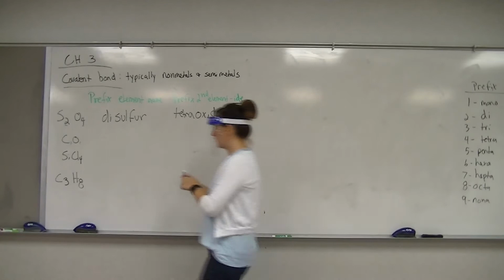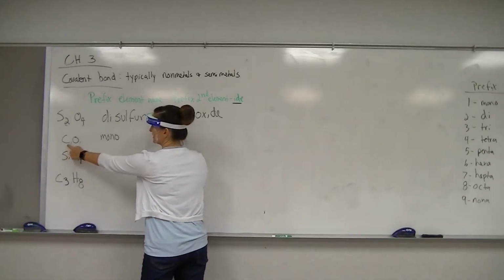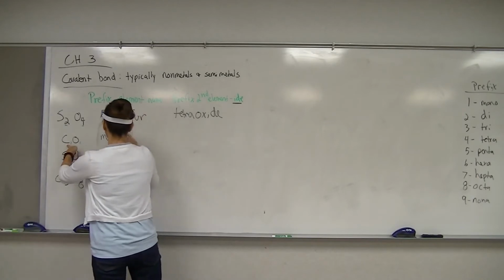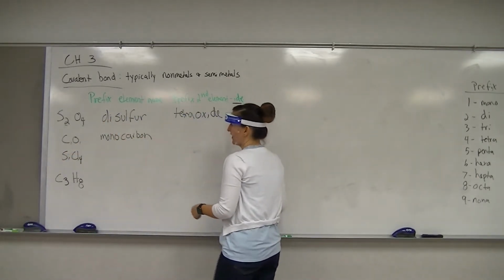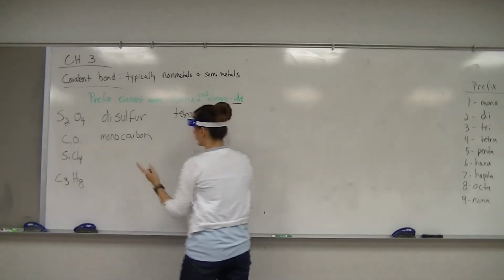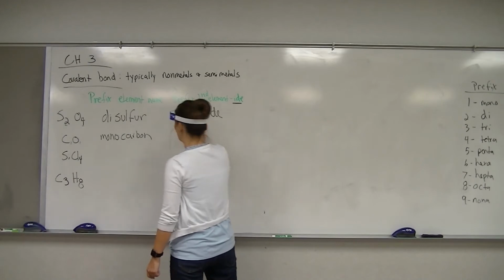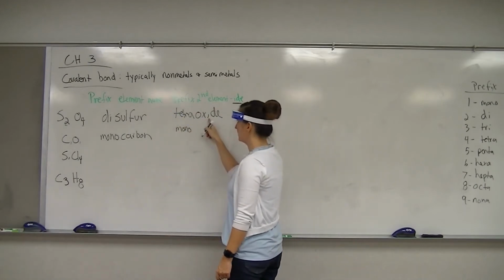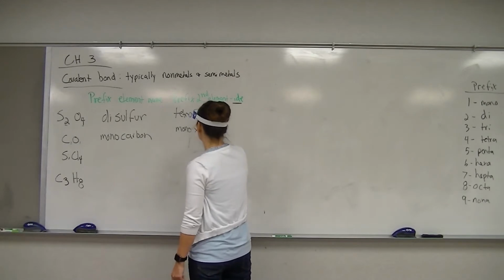So for the first one, it'll be mono, and then C is carbon, which you just write how it is on the periodic table. Then for the oxygen, there's also 1, so we start with the prefix mono. And just like up here, we add an ide ending to oxygen, so it would be oxide.